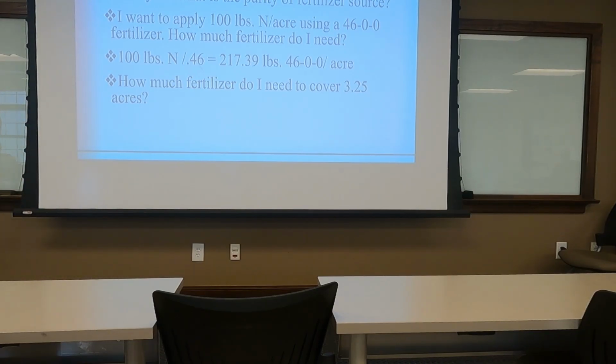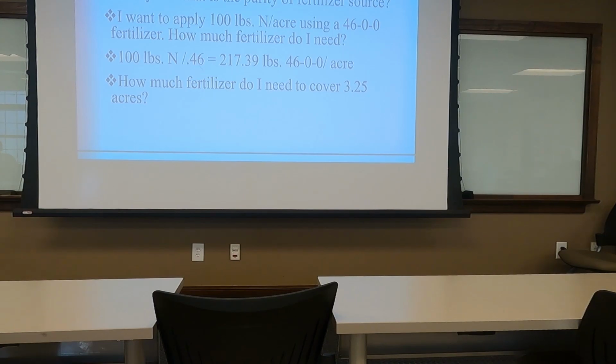Once you get to a per acre basis, you can get anywhere. It doesn't matter what the size of your farm is or what the size of your field is. And sometimes for turf management situations, we typically do it on a 1,000 square foot basis. In that case, if you can get to a single square foot, again, you can move up to any size operation or any size field.